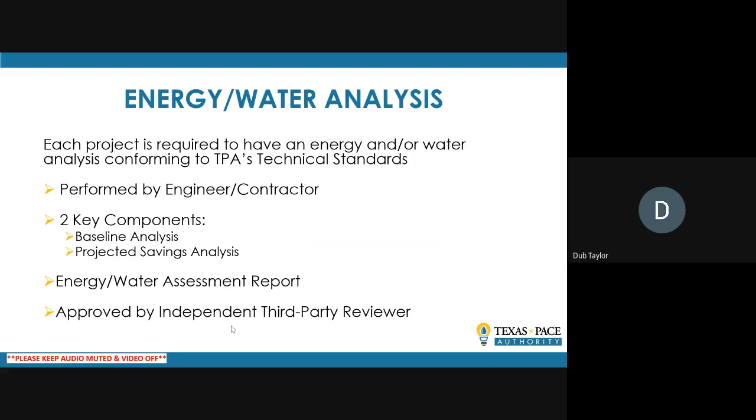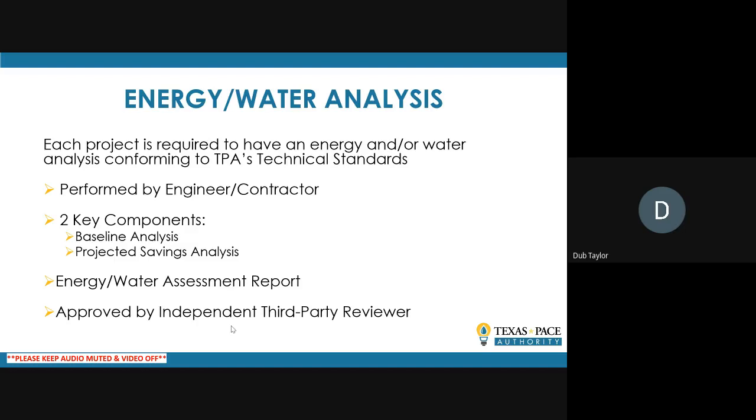Key to this is the energy and water analysis, and this really matches up very well with so many utility programs that have some of the same requirements. So we're looking at the baseline conditions, defining those through either an analysis of utility bills, could also be a modeled analysis if utility bills are not available or if there's not a comprehensive history.